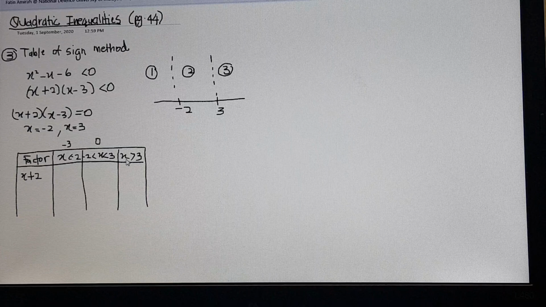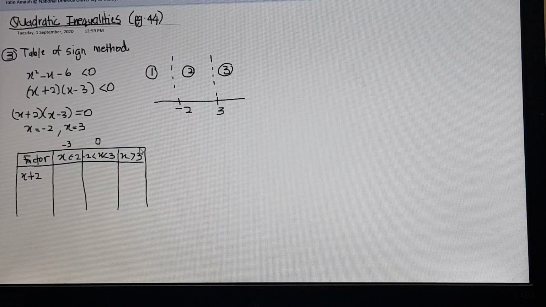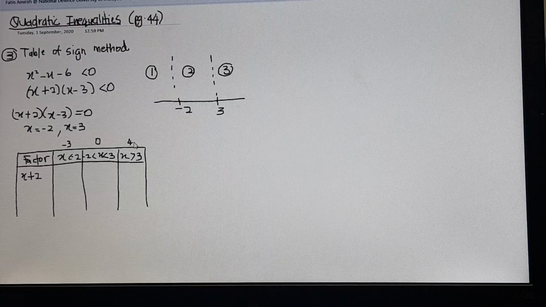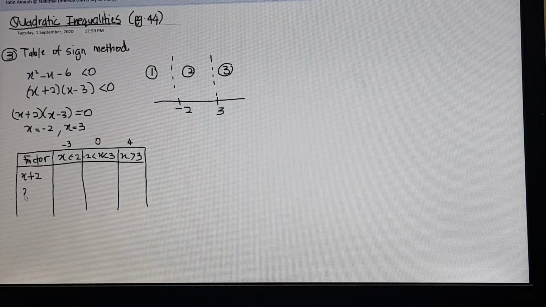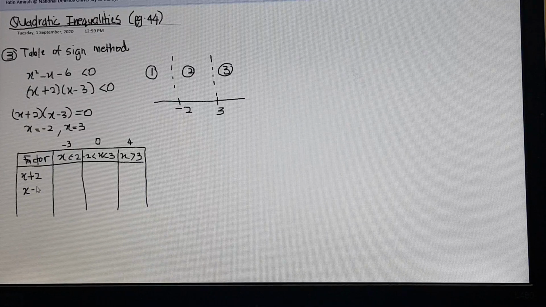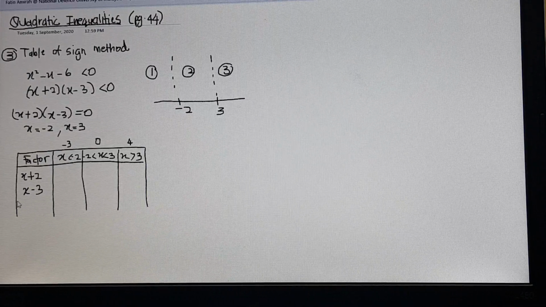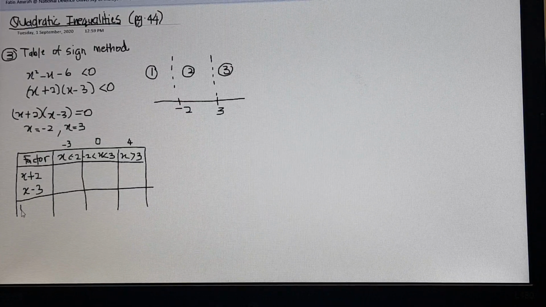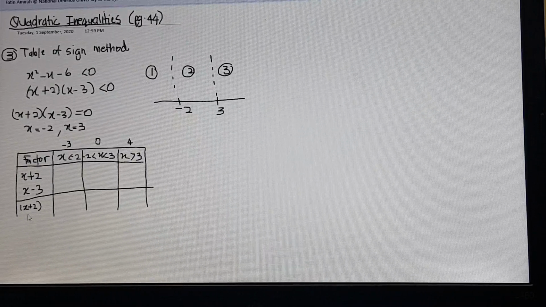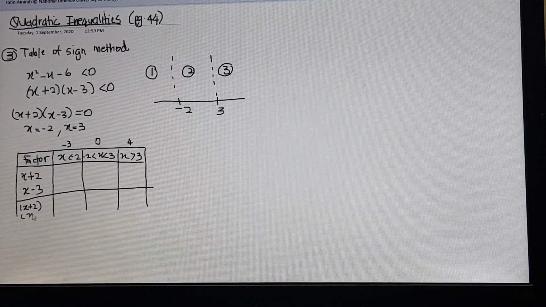Here you choose any value greater than 3, let's say you take 4. This is the first factor, this one is the second factor, and the last row is the product of the two factors.